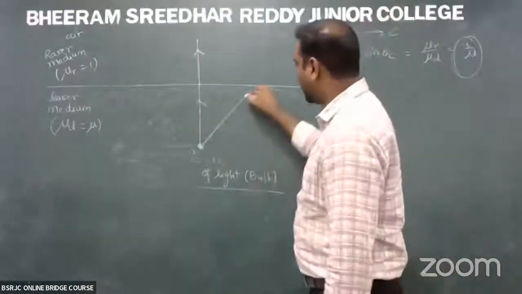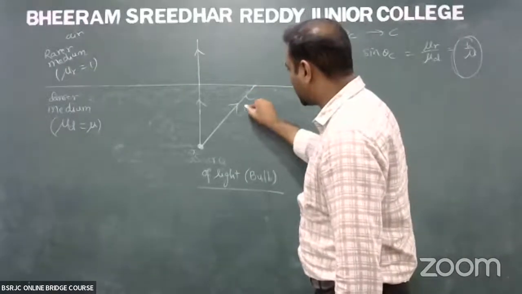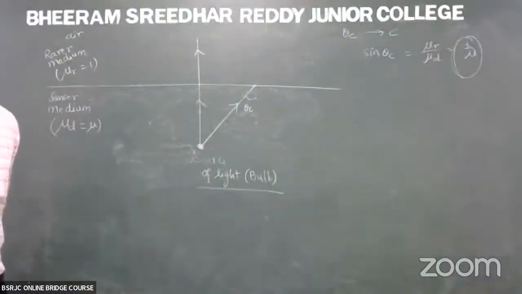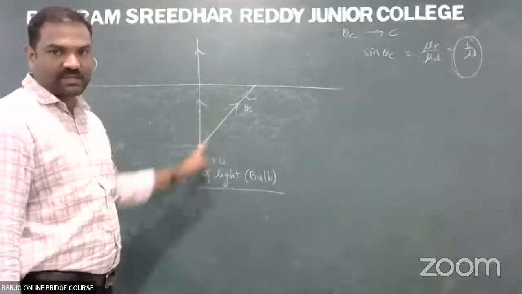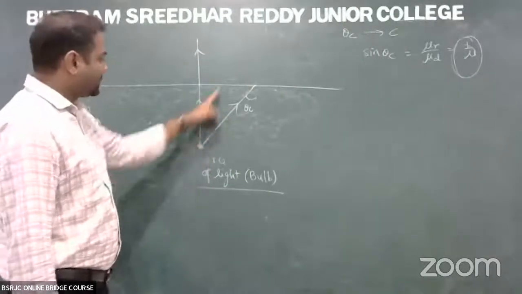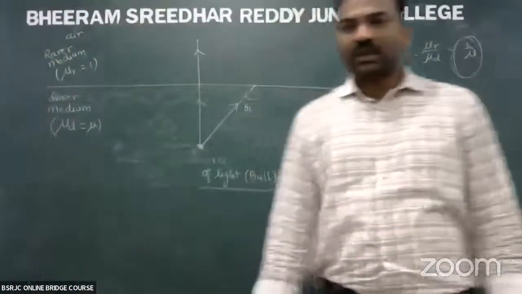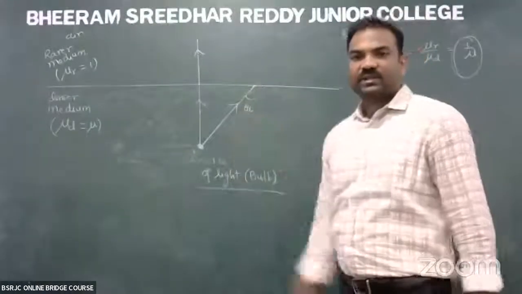Now I am taking the one ray which is incident exactly at the critical angle. Suppose exactly at critical angle it is incident, because different rays will be incident. Already we discussed in the last class, different rays will be incident at different points with different angles. As you move from this point away, what happens to the angle of incidence?